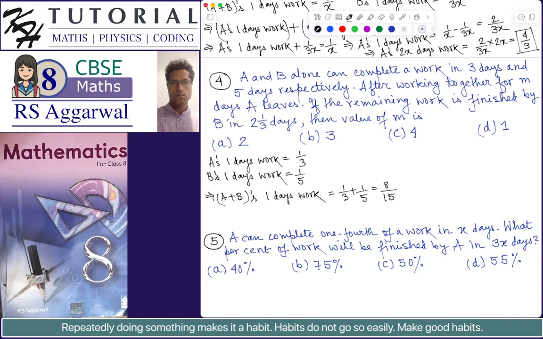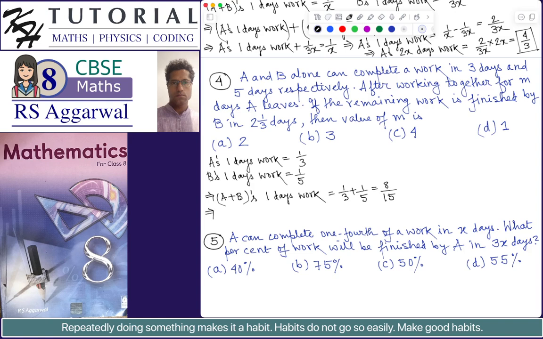Okay. Now, after working together for m days, A leaves. So we have to find how much work was done in m days when both A and B were working together. So we need to find the amount of work done by both A and B for m days.